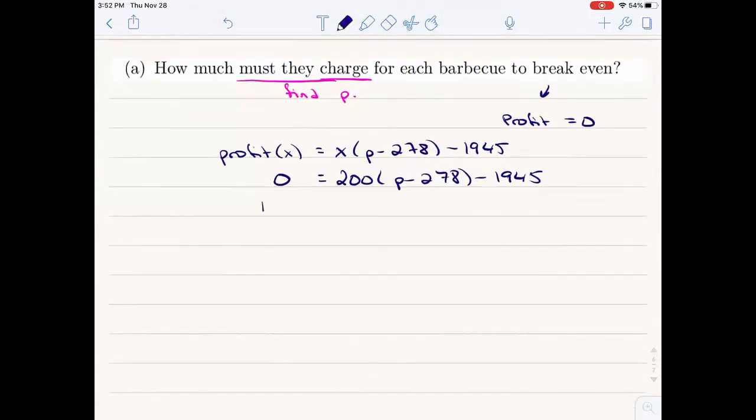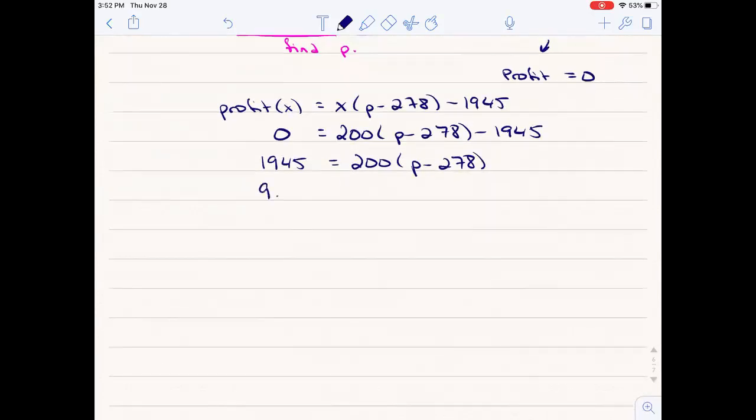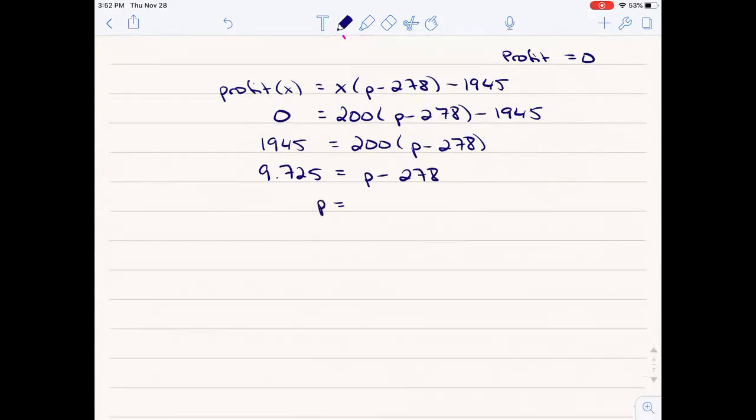So rearranging this, we get 1945 on the left-hand side is 200 times P minus 278. And then 1945 divided by 200 is 9.725, which is P minus 278. So plus 278. P must be 287.725. In money, 287.73.